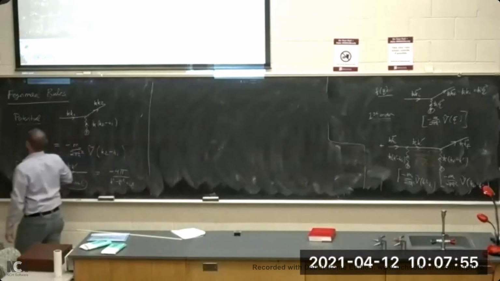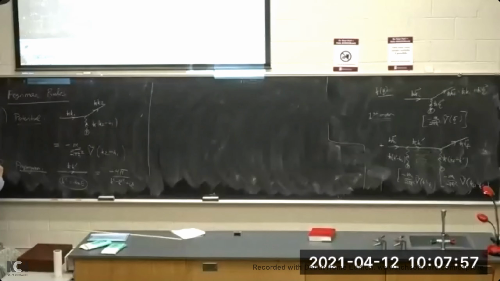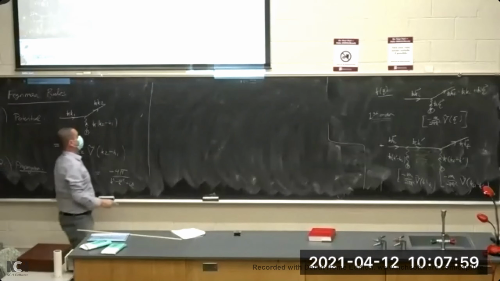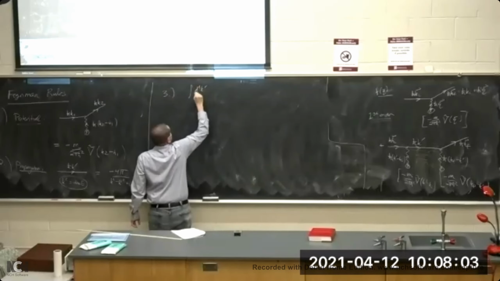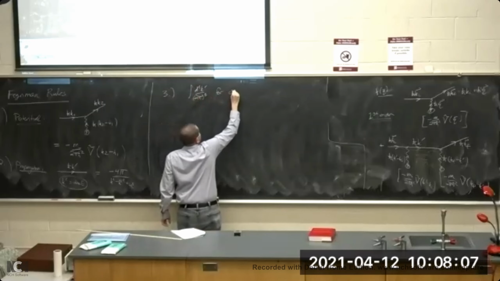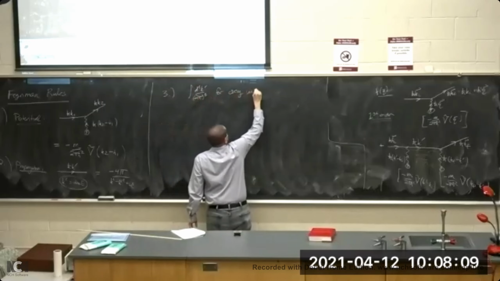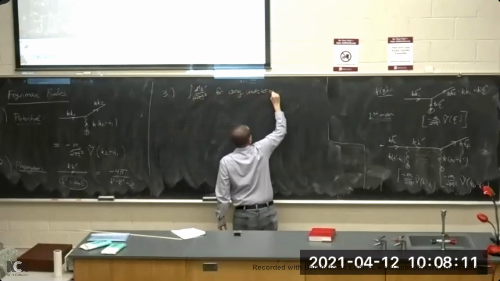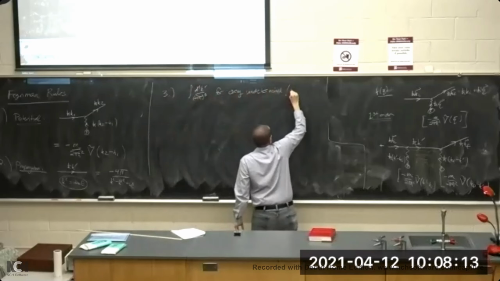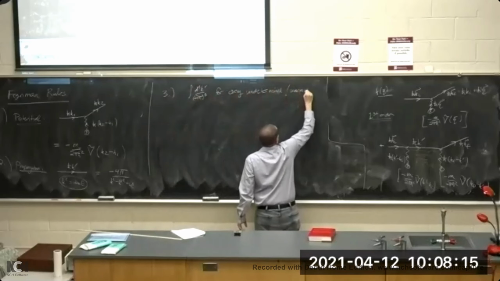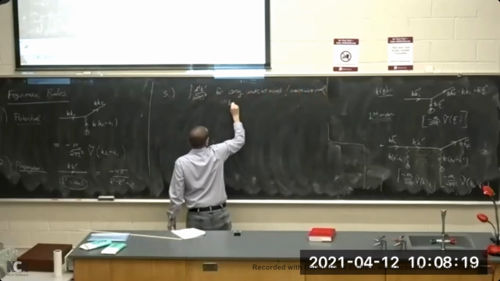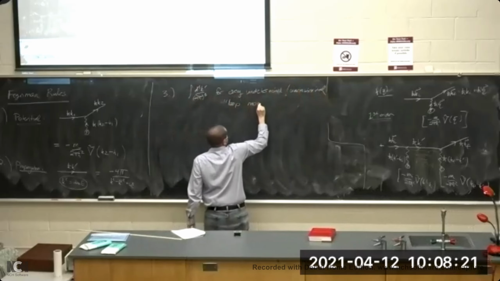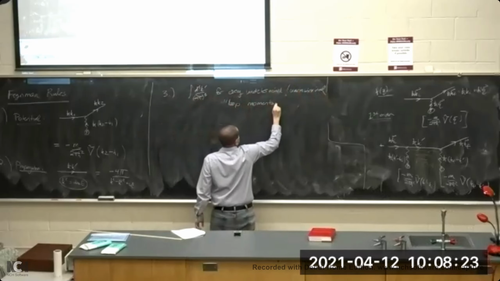So these are the Feynman rules. Feynman rule number 1 for the potential, Feynman rule number 2 for the propagator, and Feynman rule number 3 is integral d3k prime over 2 pi cubed for every undetermined momentum. Undetermined or unconstrained. You'll sometimes see it referred to as a loop momentum.